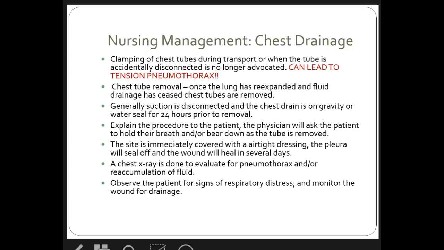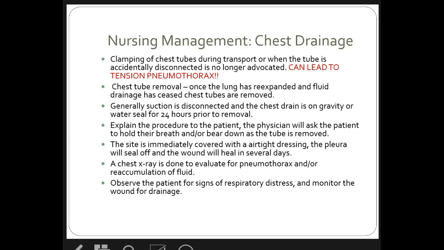Once this is assured, they will plan on removing the chest tube. Generally the suction is disconnected and the chest drain is on gravity or water seal for the 24 hours prior. You will need to explain the procedure to the patient and what's going to happen.